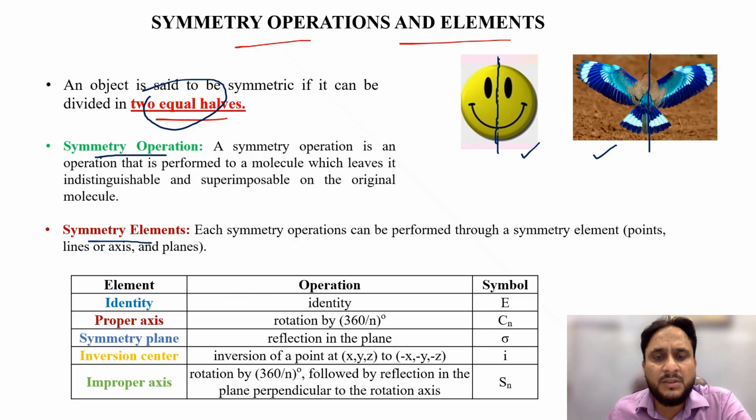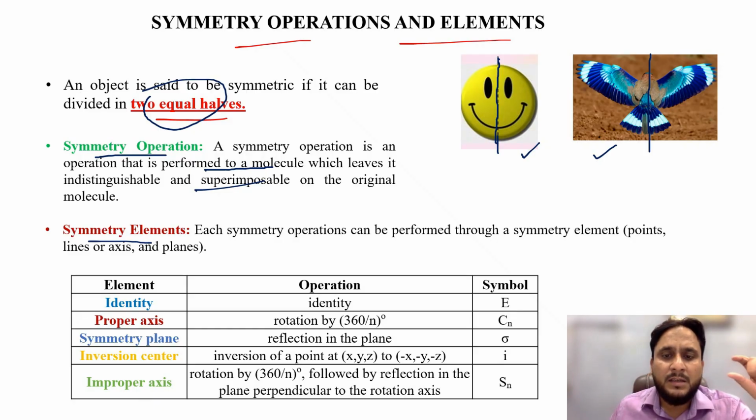A symmetry operation is an operation or an action which, when performed on a given molecule, leaves an indistinguishable and superimposable form of the molecule, which means that if we perform that action on a molecule, we get the same molecule. That we get an indistinguishable form means that we get a molecule which is exactly similar to the original molecule.